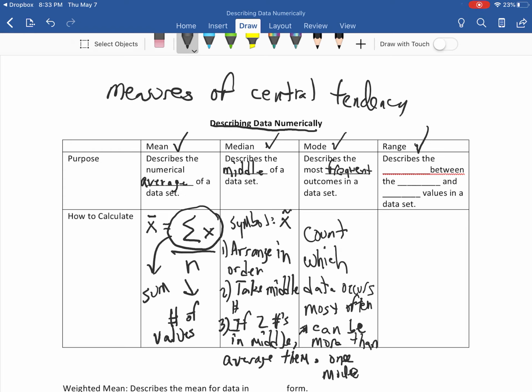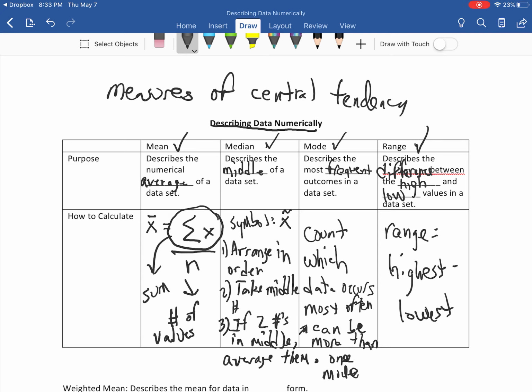The next one is range. The range describes the difference between the highest and lowest values in a data set. So to get the range, no symbol we need here. The range is highest minus lowest.